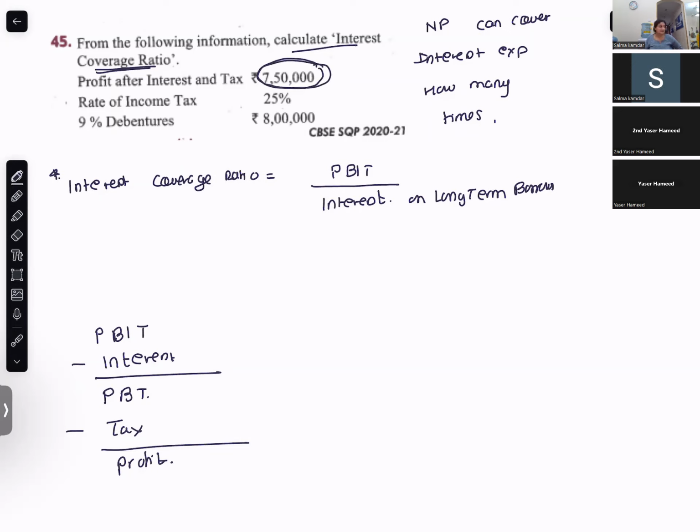Can you tell me where will this come, 1, 2, 3, 4 or 5? Which row will it come in? Profit after interest and after tax. That means this is our main profit, 7,50,000.